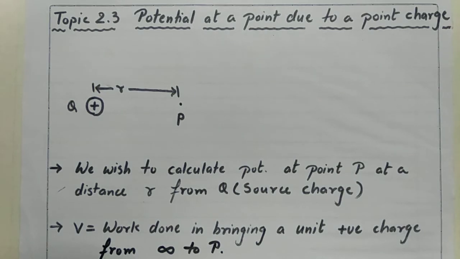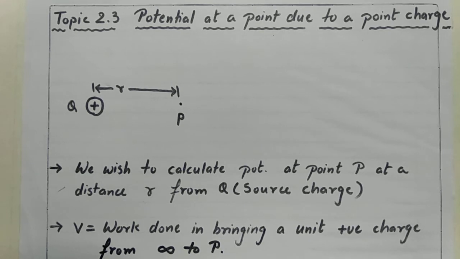First of all, we'll see the definition of the potential. It was the work done in bringing a unit positive charge from infinite distance to a given point in the electric field. So if I want to calculate potential, I need to calculate the work done in bringing that charge from infinite distance to the given point.